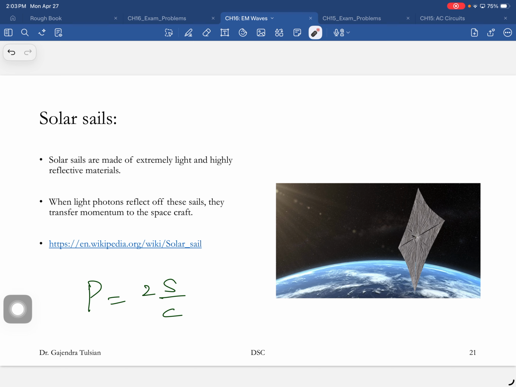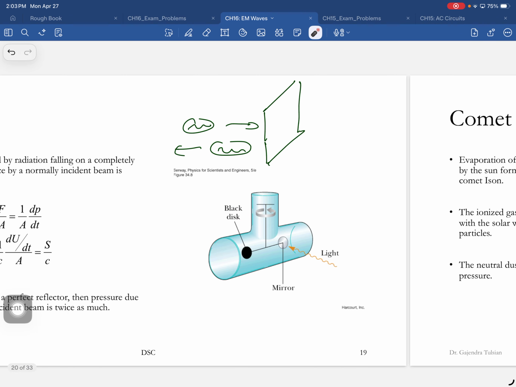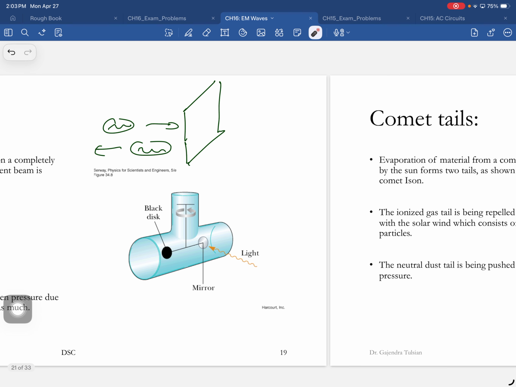This is the small window we are sensitive to, the visible range. The shortest wavelength we can see is 400 nanometers, and the longest is 700 nanometers.